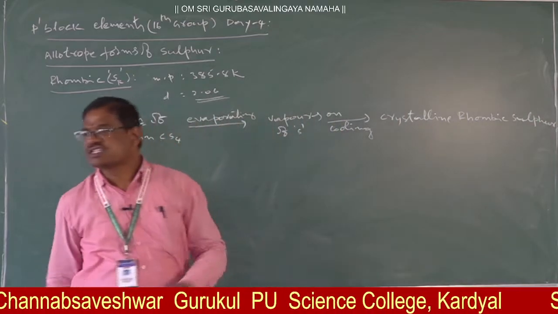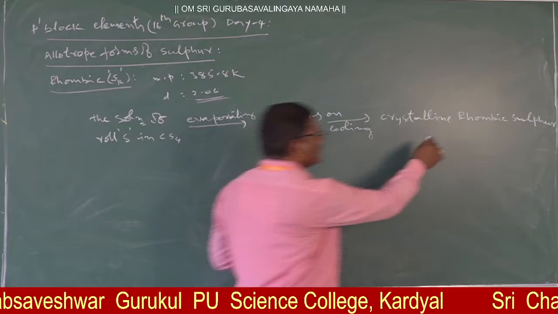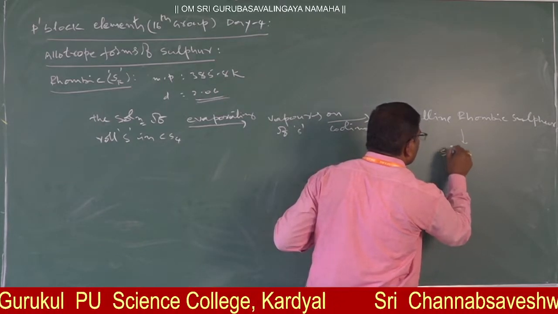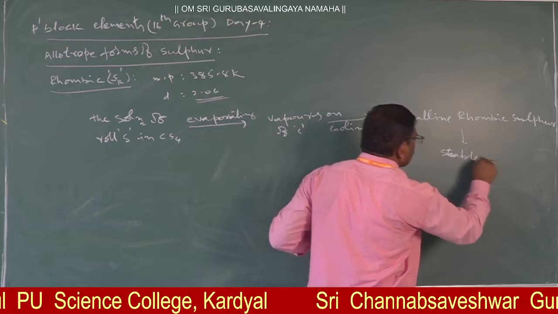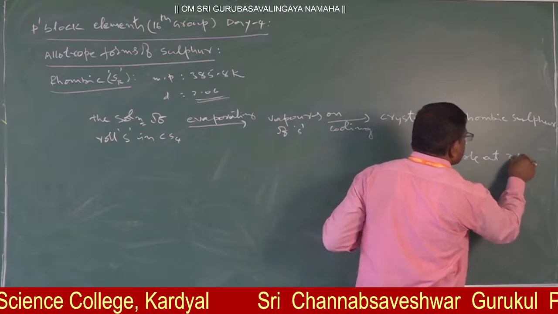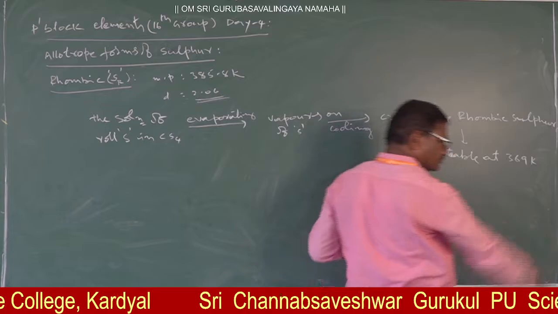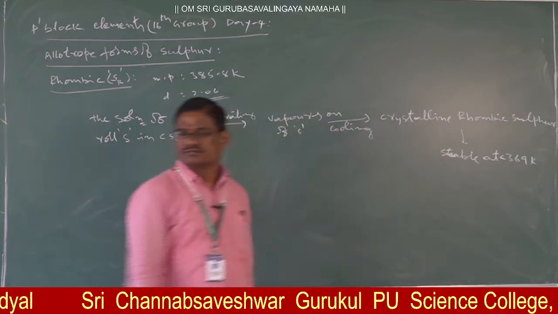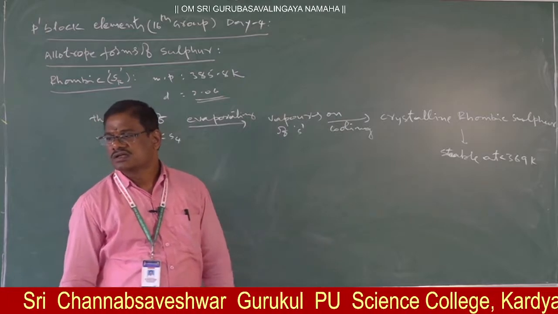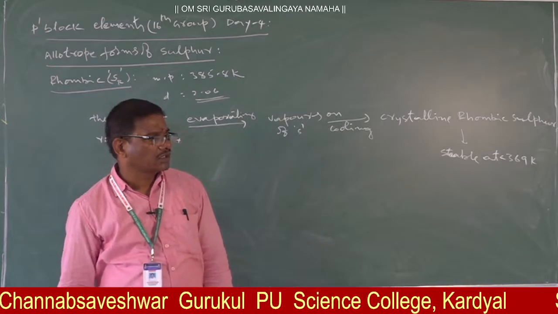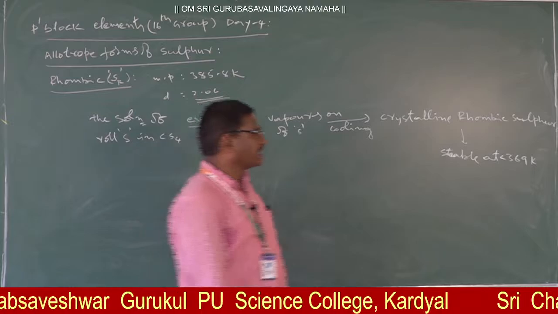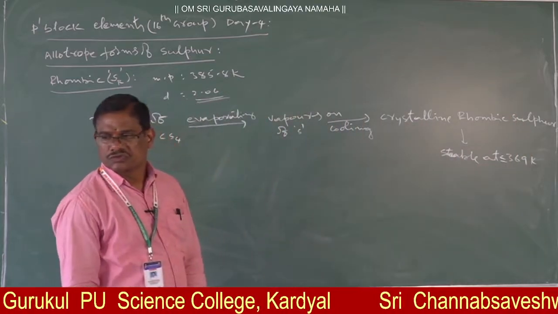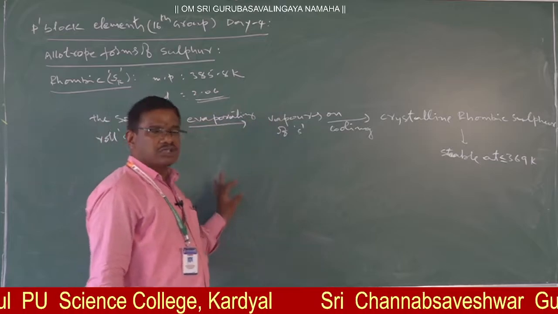Right? This rhombic sulfur is stable at 369 Kelvin or at less than 369 Kelvin. Clear? Rhombic sulfur is stable at less than 369 Kelvin; you can also use less than or equal to. Okay? In that way rhombic sulfur is prepared.